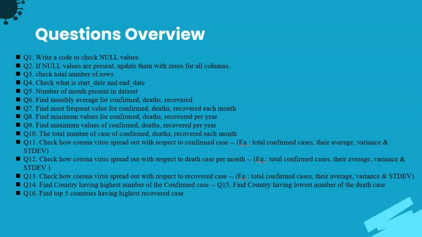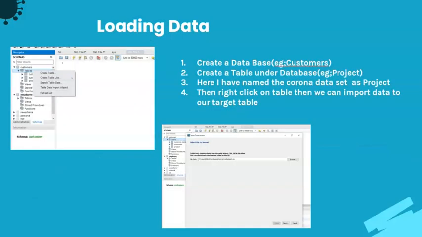Then we will find out some major insights, like the country which has the highest number of confirmed cases, the country having the lowest number of death cases, and also the top 5 countries with the highest recovered cases.